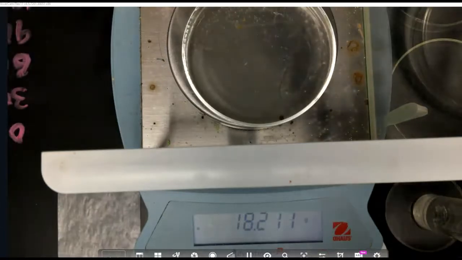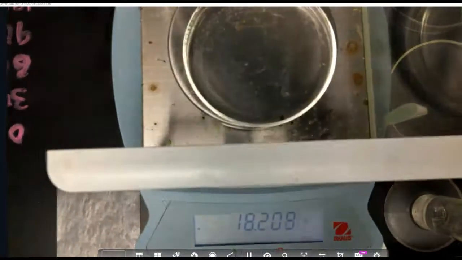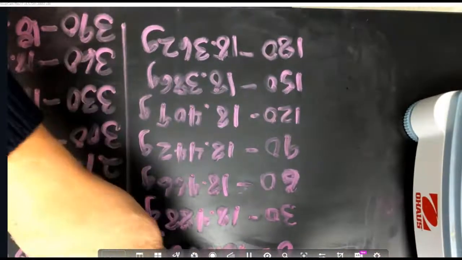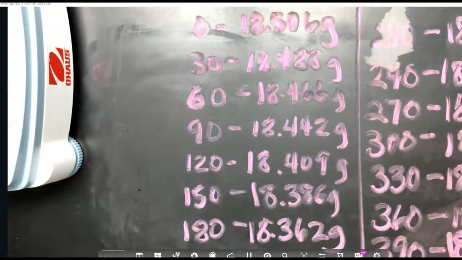Okay, so we have some data for this first run, and I'm going to move my camera so that you can see it. As you know already, we had the data for 0 through 120, so this is the rest of the data for 0 through 180 seconds. I'll let you get that recorded.